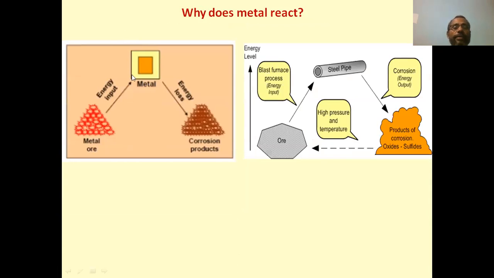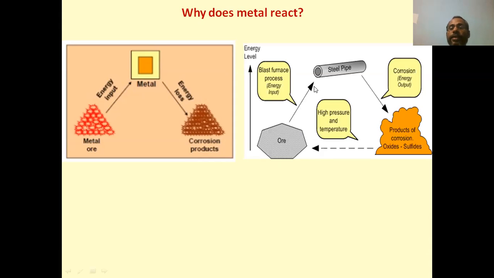Why do the metals react? Normally, in our day-to-day life, any material that's made from some kind of metal, the metal being used to make the material is a pure metal, right? Does the pure metal exist in the pure form naturally? The answer is no. What normally happens is we extract the ore from the mine by using energy.